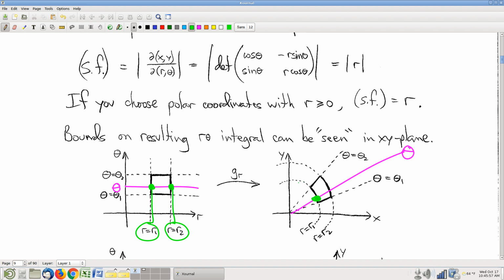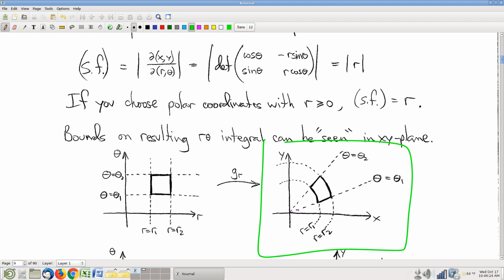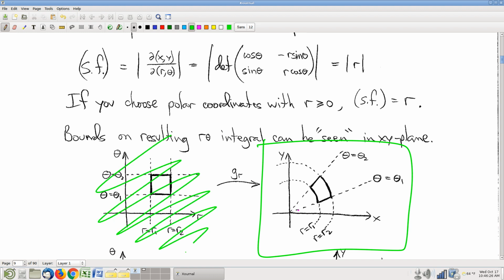That point is on that r slice, which has that value of r there. And the ending value corresponds to that point, which is on that r slice, r2. So the whole slicing process can be done entirely over here.